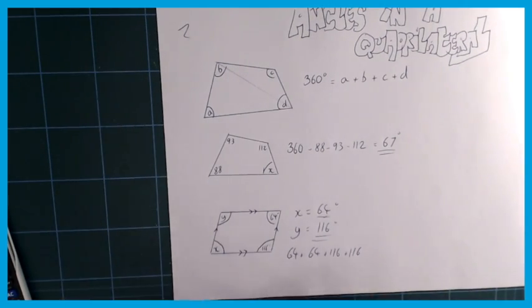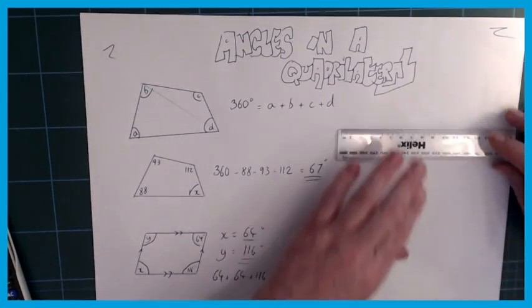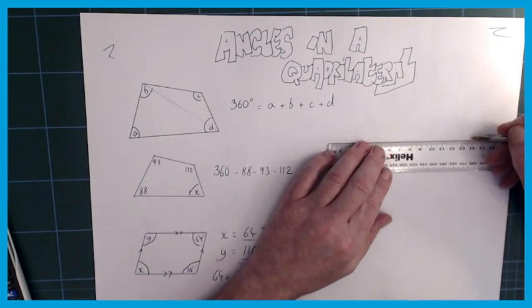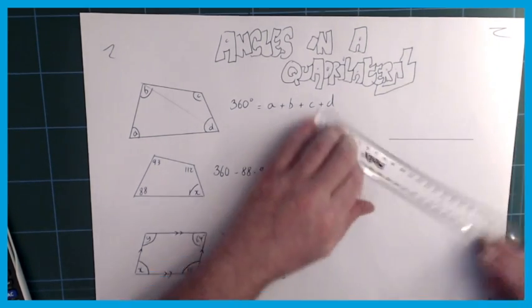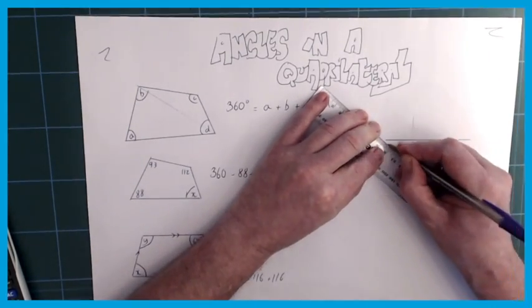Let's do one more. Let's have a go at a kite. I've got a kite.